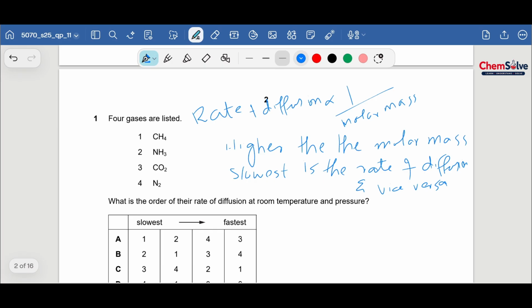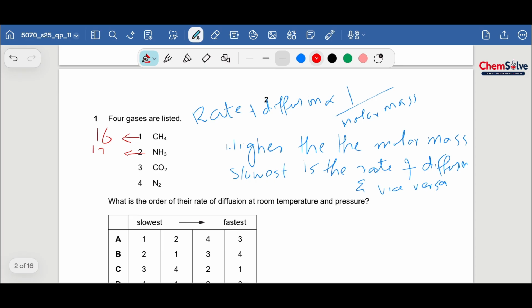So let's calculate the molar masses of the given gases. For methane, carbon is 12 and hydrogen is 1, and there are 4 hydrogens, so it will make 16. For ammonia, nitrogen is 14 and hydrogen is 1, and there are 3 hydrogens here, so it will make 17.